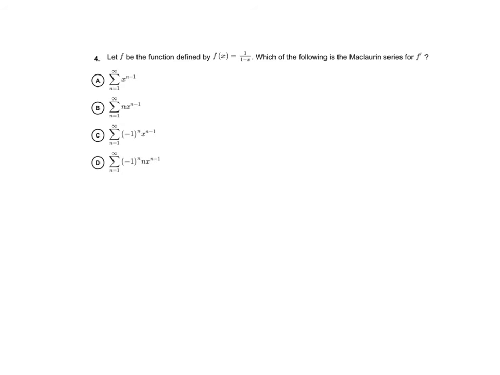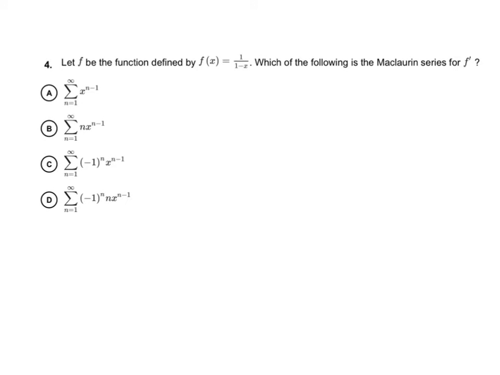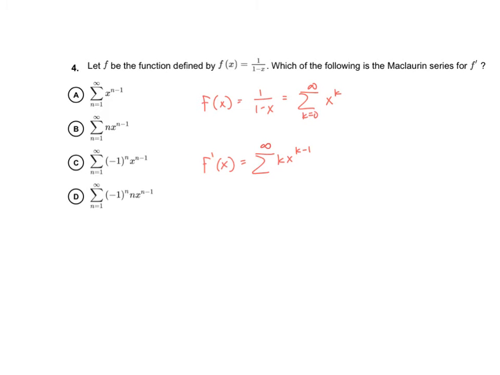Okay, so this should be a quick one. f of x equals... okay, if we take the derivative, we know we're going to get a k times x to the k minus 1, going to infinity.